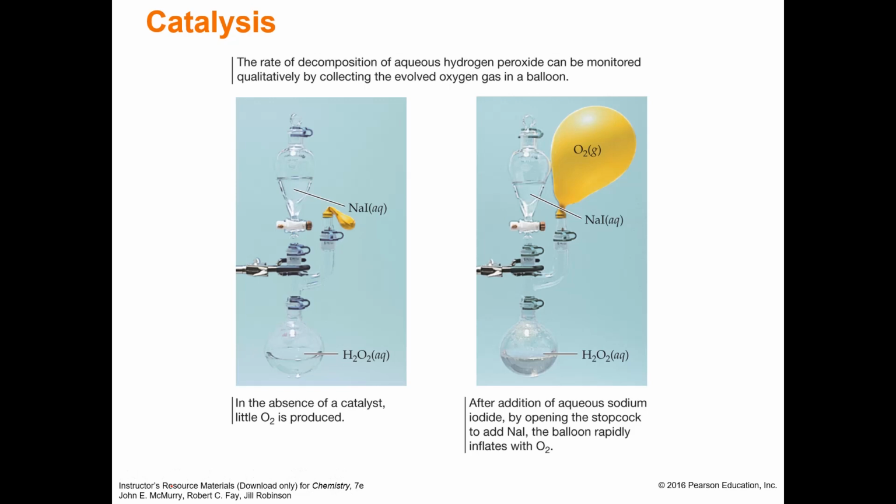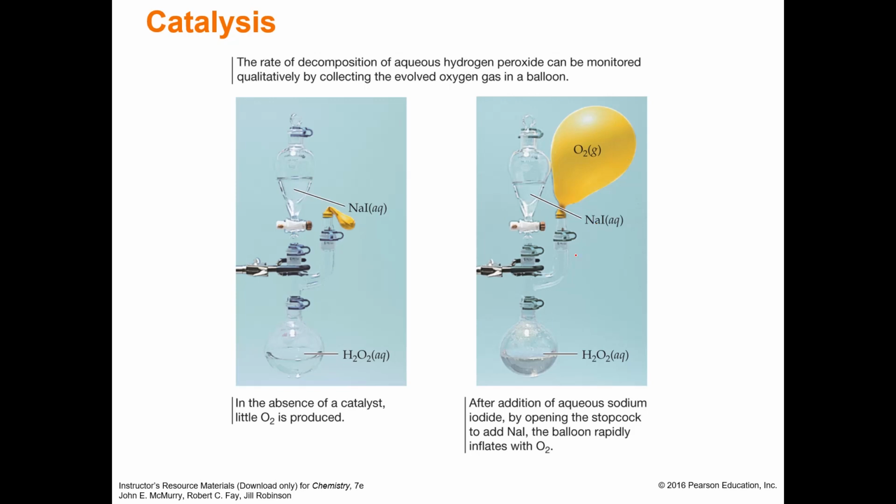So here's another example, or actually this is the same example. We have our peroxide in a flask down here. H2O2 will break down into oxygen gas and hydrogen gas over time, but it's a rather slow process.